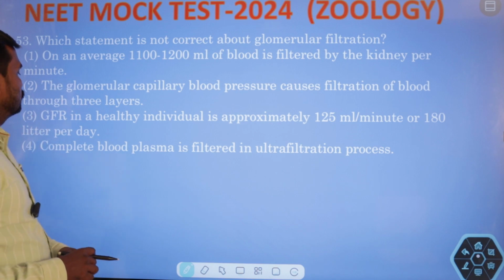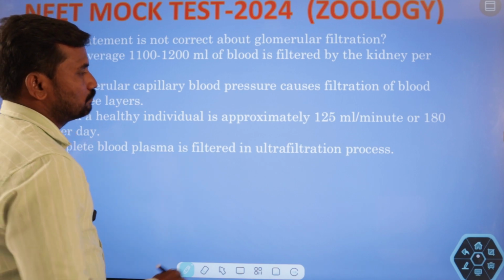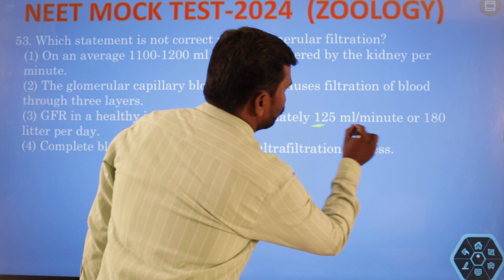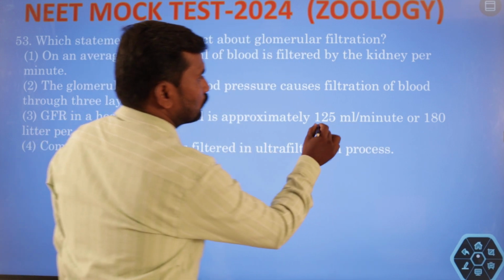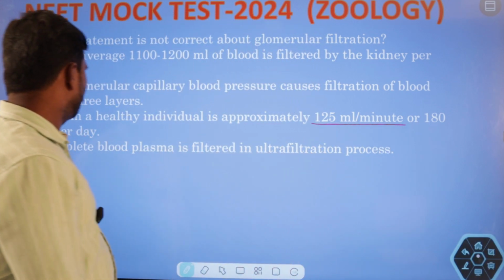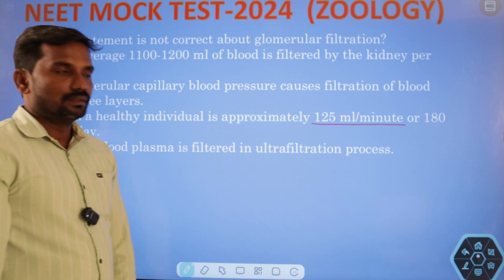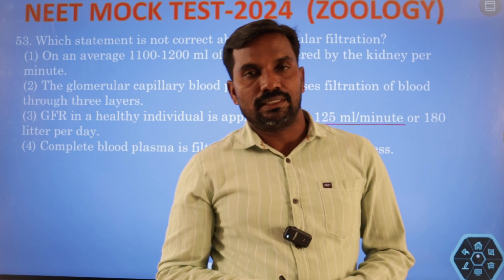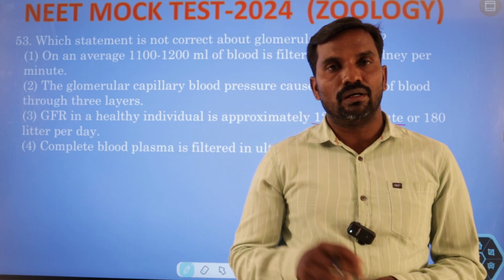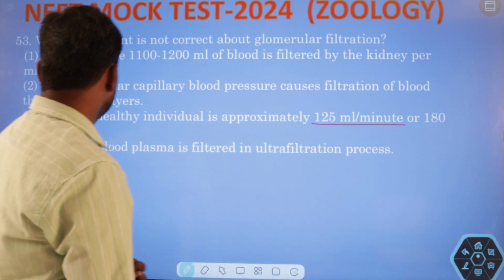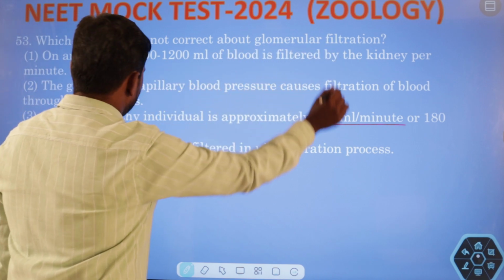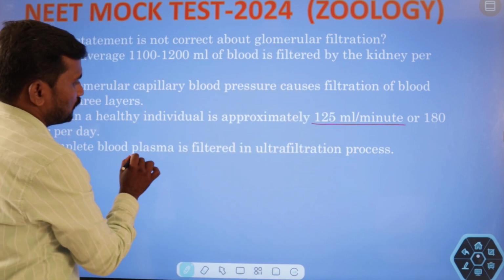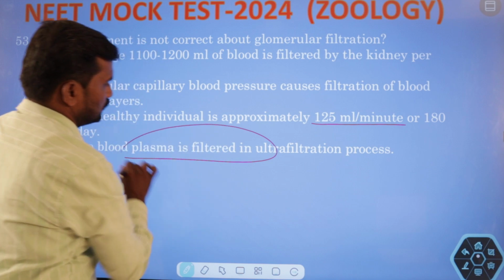The third one, GFR in a healthy individual, is approximately 125 milliliters per minute or 180 liters per day. Out of the 180 liters formed, just 1.5 liters is liberated as urine. All the other substances are reabsorbed. The statement that the complete blood plasma is filtered in glomerular filtration is not possible.